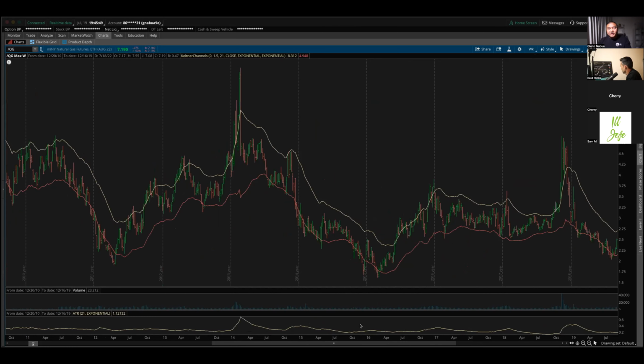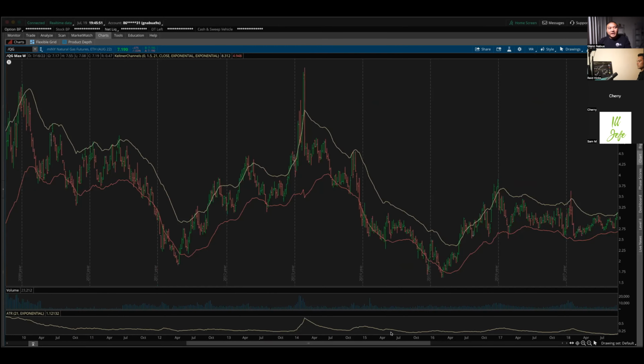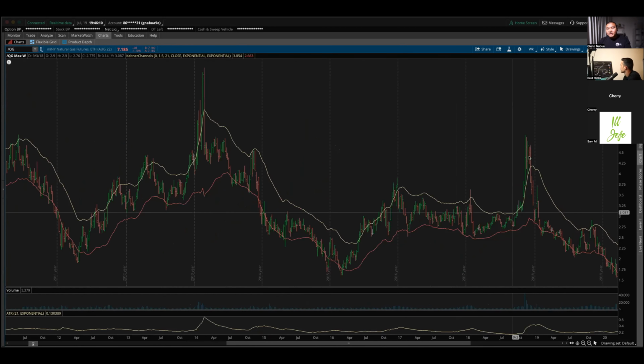Zoomed out, you see these big peaks. Starting from the left, a big peak, then slowly coming back down, followed by another big peak. Demand is high, then it comes back down, followed by these smaller ones. Then it just shoots up again, and this was the trade that I was able to catch, a personal record.